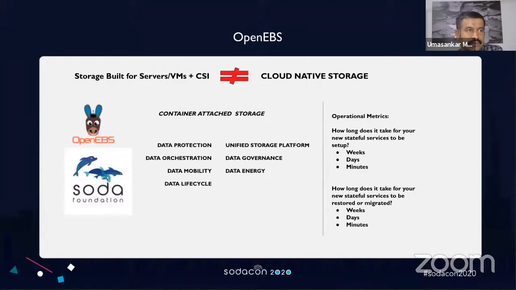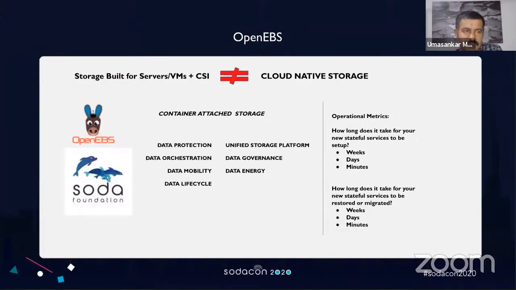So what about your data orchestration itself, and moving your data across different clusters, and the data governance and data lifecycle? There are a lot of issues that come in, especially with the big technology stacks that get used in SODA or CNCF.